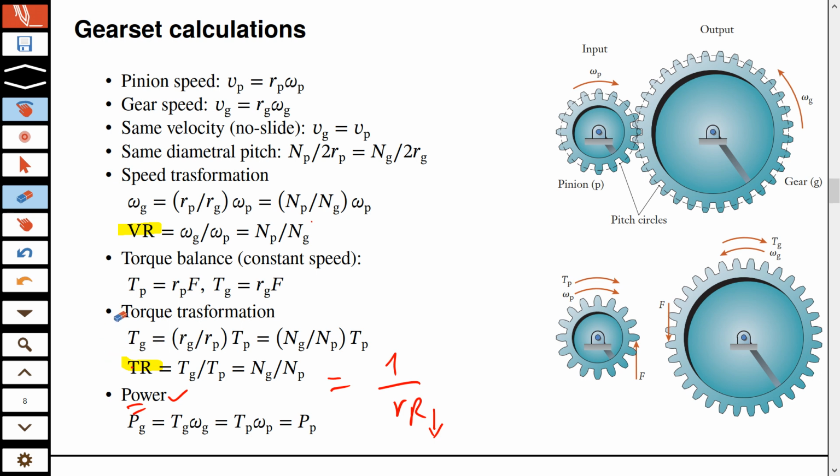Or if you want to increase the velocity ratio, the denominator has to increase and then the numerator has to decrease. So gears do allow transmission of motion, but they can only amplify one of these two variables.